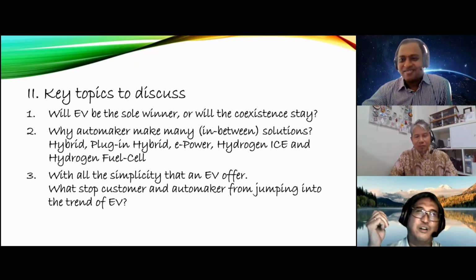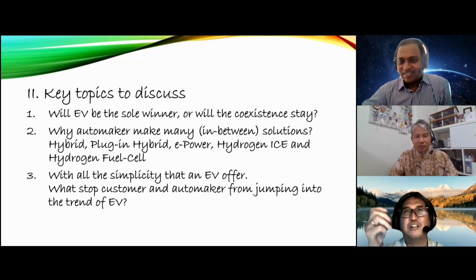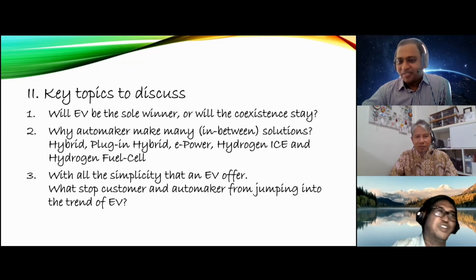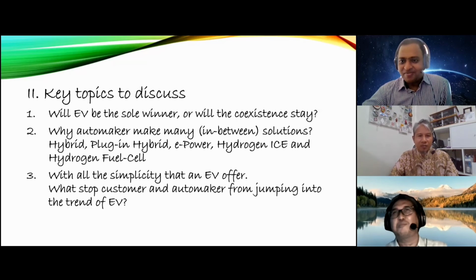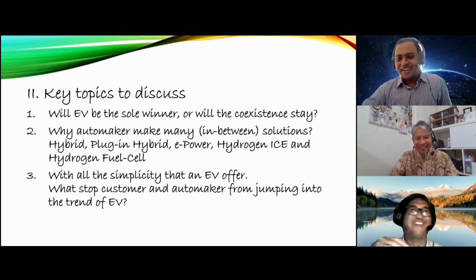But when the coffee and milk are already mixed perfectly, it becomes simple again. So I think our discussion and the journey from the ICE ecosystem to the EV ecosystem is now in the stirring phase. Exactly.